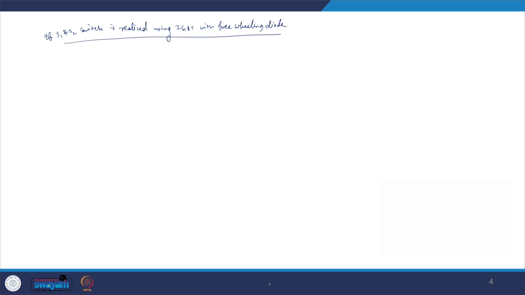now if this switch is realized using IGBT with freewheeling diode, then we can draw one of the half bridges something like this. We have switch S1, and since the freewheeling diode is placed across the IGBT to allow the current in the negative direction, we have placed a diode D1.